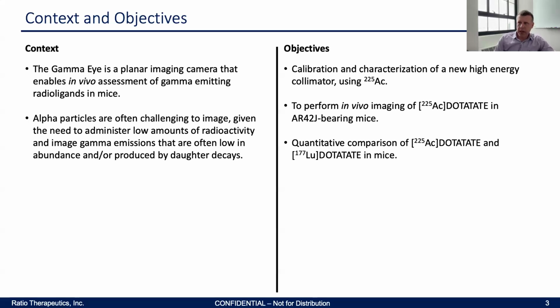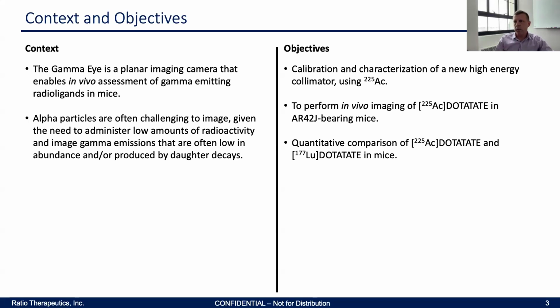We also know that imaging alpha particles is tricky. We have to rely on gamma emissions that are typically coming from daughter decays and often not in high abundance. And if we want to reflect reality, we need to keep our administered activities quite low for this imaging. So it can be tough.